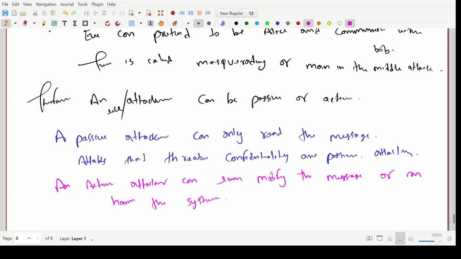So here the attacks that threaten integrity and availability are active attacks.